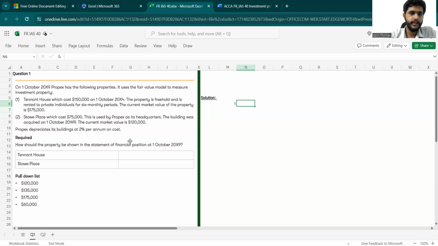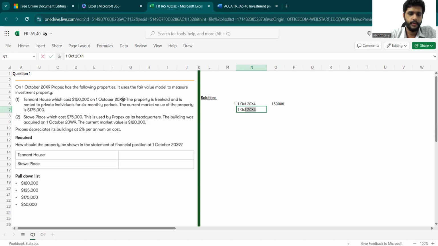Initially on 1st October 20X4, the value of the asset is 150,000. And then what happened? At the year end, currently the market price is 175,000.